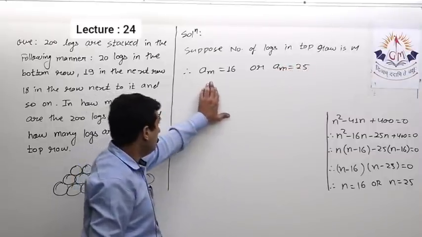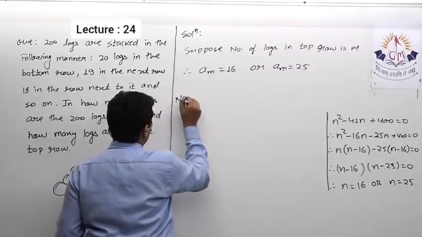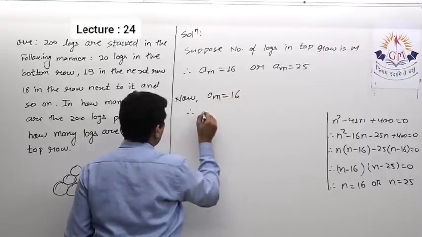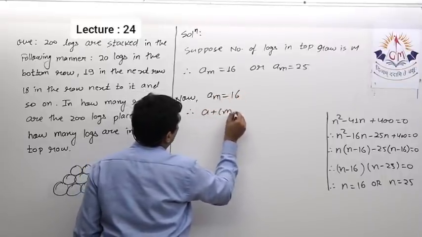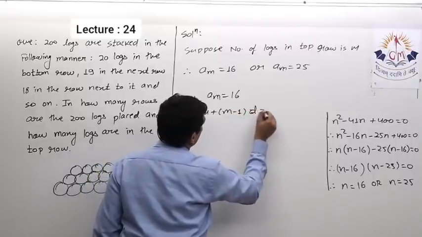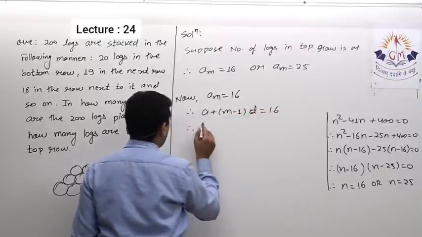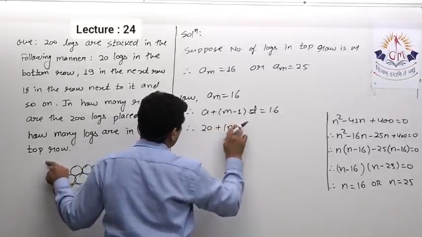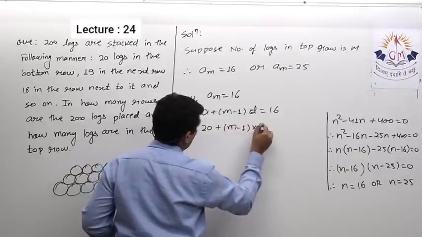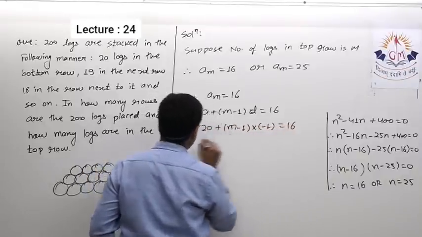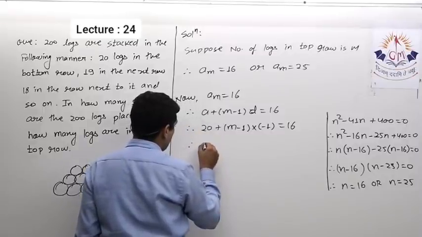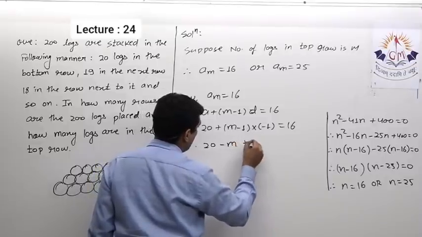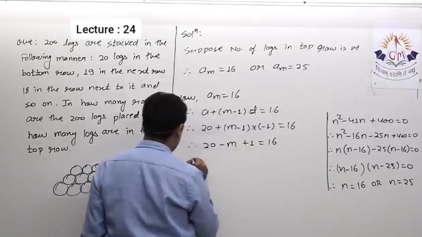Now I'll find m. Now a_m equal to 16, so a plus m minus 1 into d is equal to 16. Now a is 20, and d is minus 1, so 20 minus m plus 1 is equal to 16.